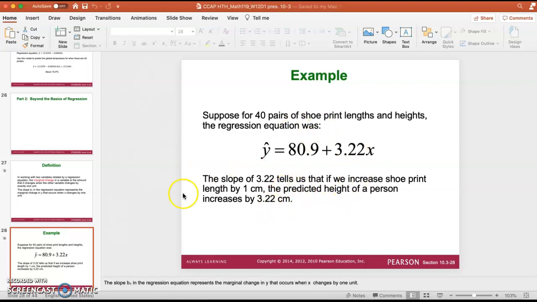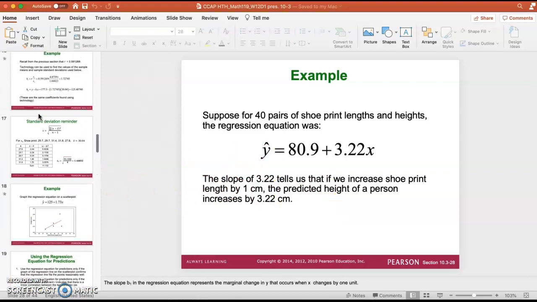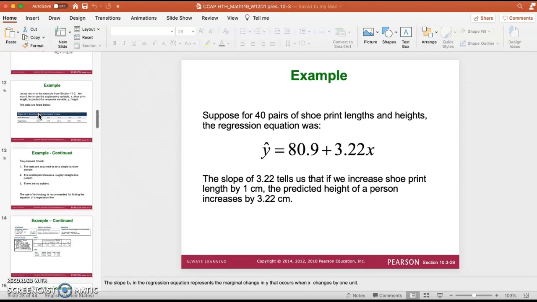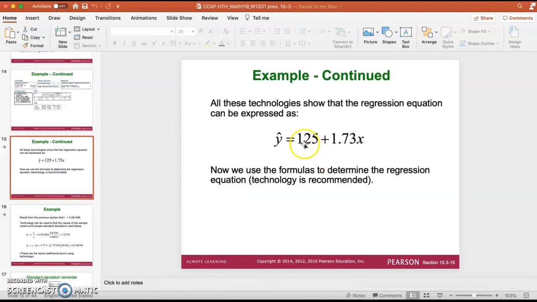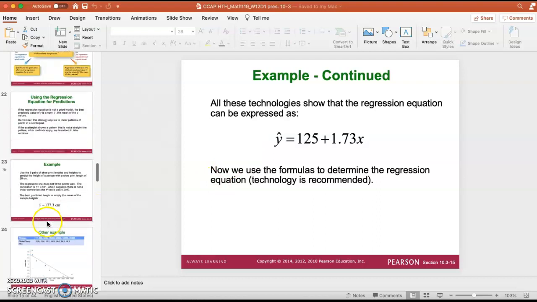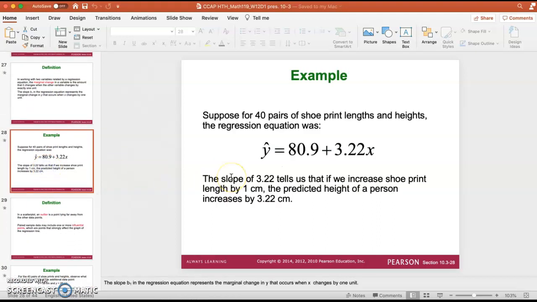Now this is a separate example from the previous example with the 5 shoe prints and heights, where the equation was 125 plus 1.73x, so that one changed by 1.73. This is just a different hypothetical example if we had 40 shoe prints and heights.